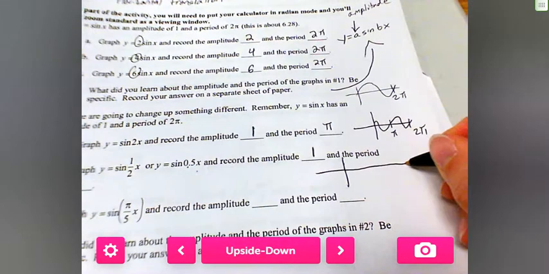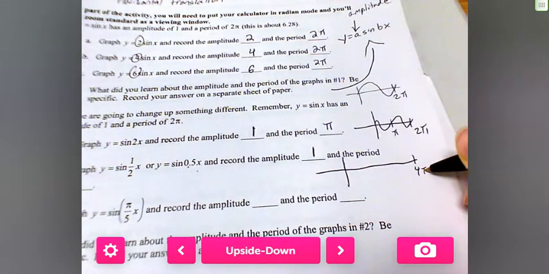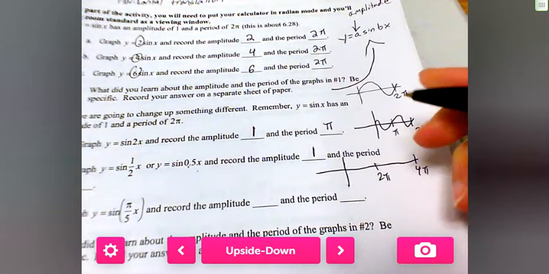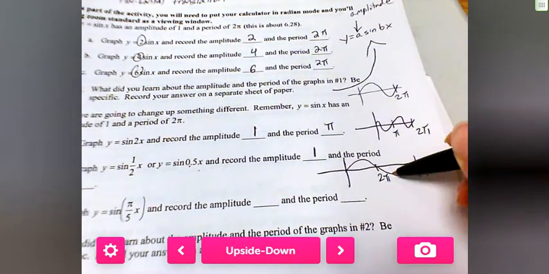So we've got 4 pi. So at 2 pi, so I'm going like this. Gets much bigger. So it becomes 4 pi.